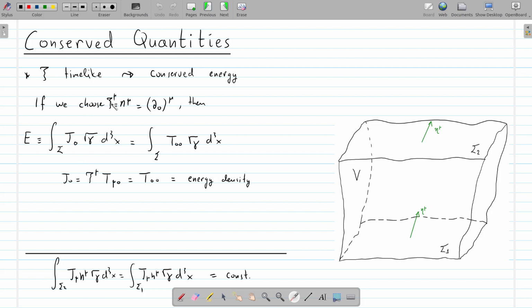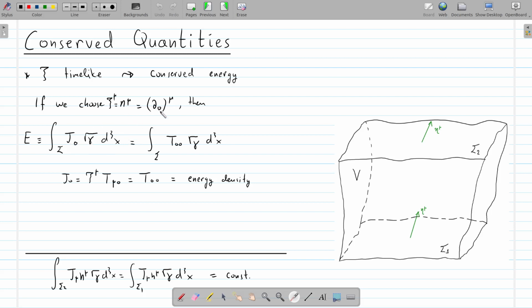And if we choose the Killing vector field to be the normal one to the surface, then the energy here is equal to the integral of J0, that is the volume element of the space-like surface.